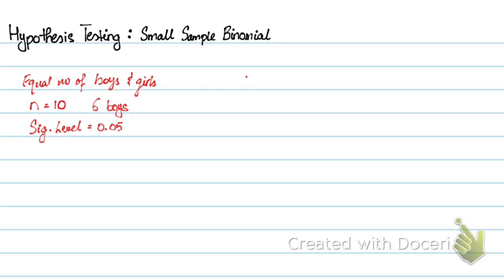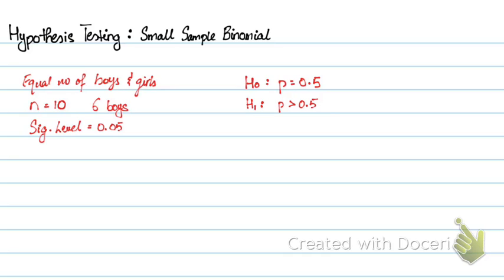So I say that my null hypothesis is that the probability of a boy is still 0.5, and my alternative hypothesis will be probability is greater than 0.5, because the guy's claim is that there are more boys than girls, so the probability of finding a boy is greater than 0.5.